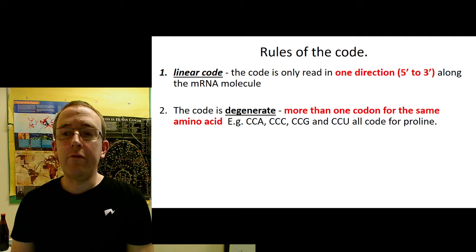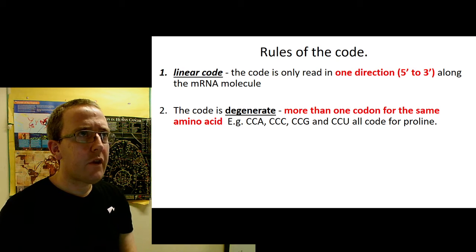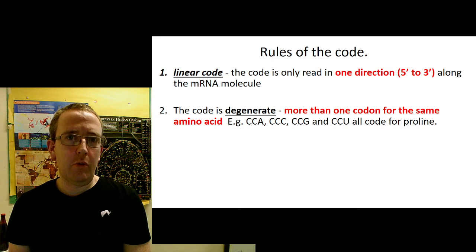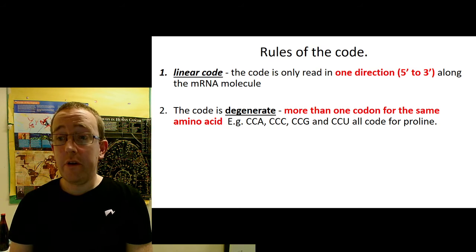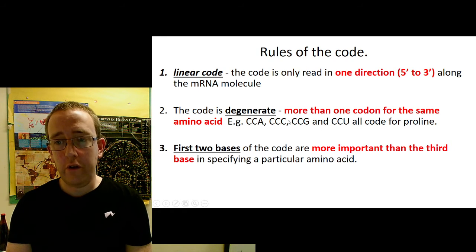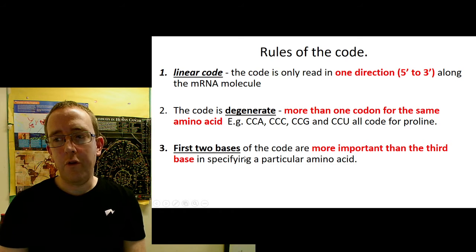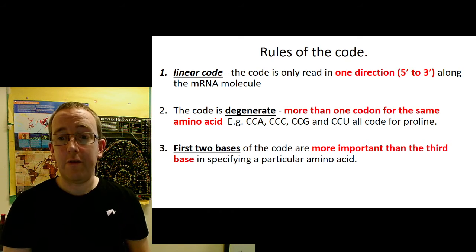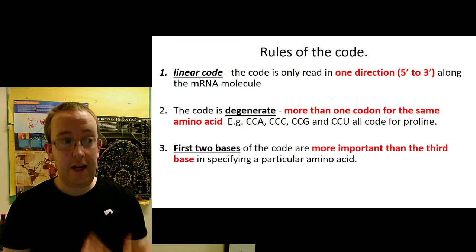Or it's very much like the current fashion for girls' names all ending in E. I use Ellie as quite a good example, because as you might notice here, look, CCU, CCA, CCC, CCG, we've changed the last base, but not the first two. So the first ones are more important than the third in specifying what the amino acid is.